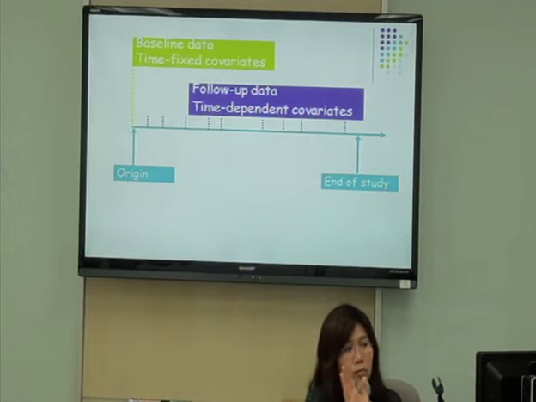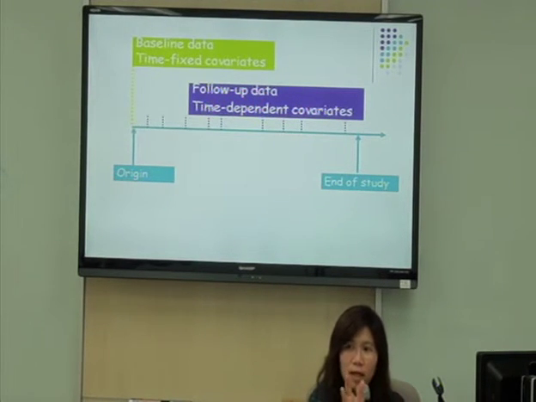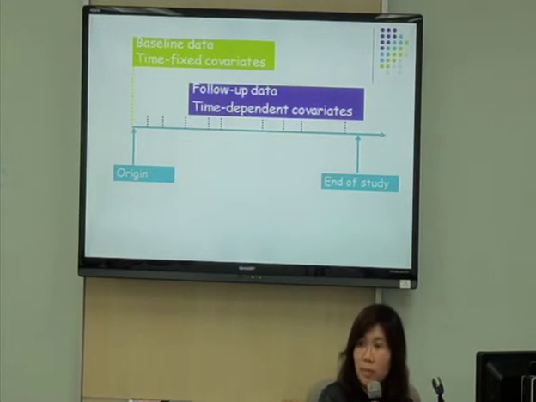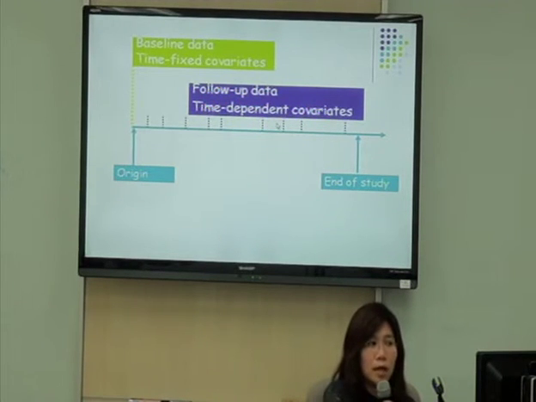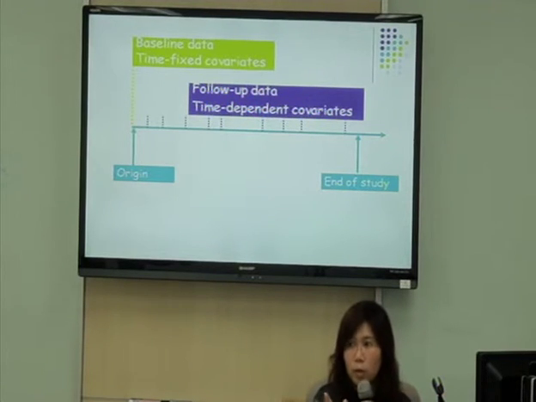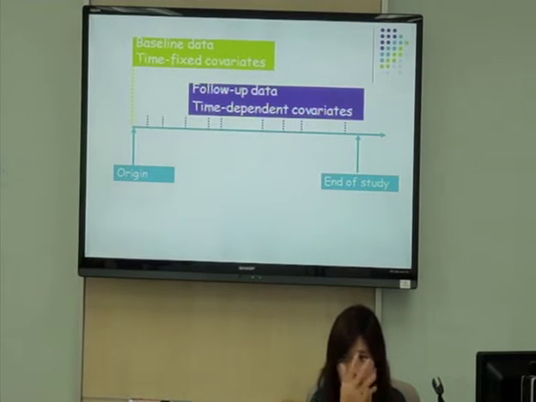But if you do a retrospective or ambidirectional study where you did not have any such database before, it's hard to do, because you need follow-up data that may change over time. So that's why you have to plan if you want to do a good cohort study.